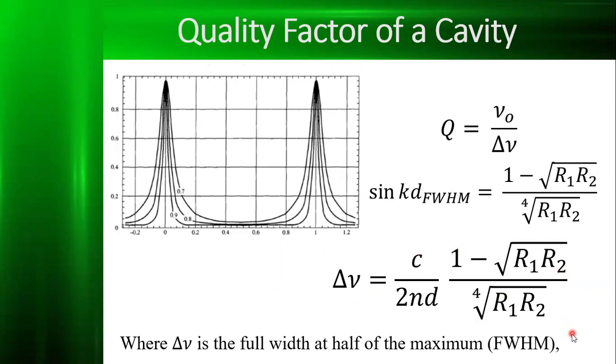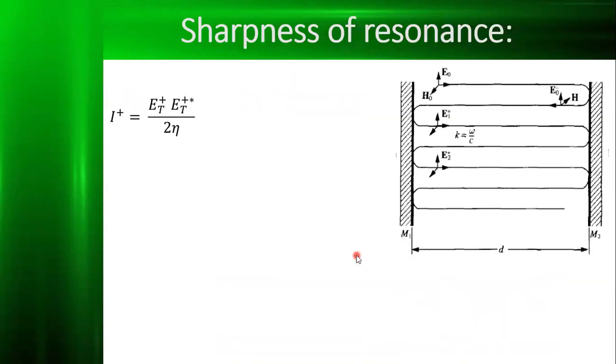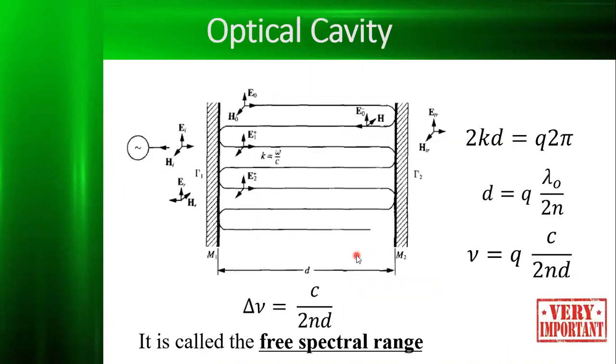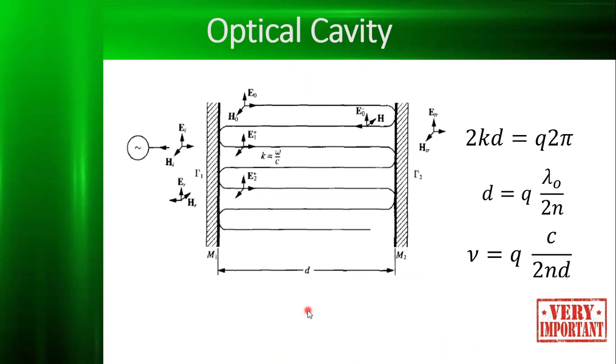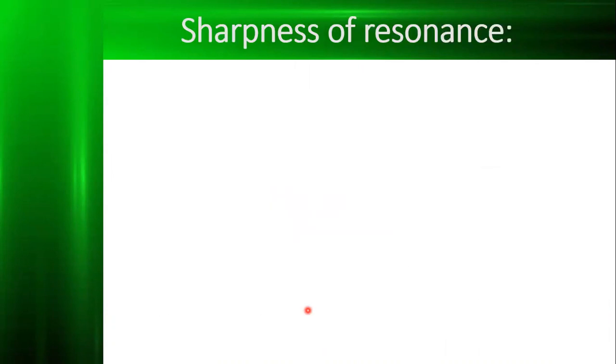There is also an important note, just to avoid confusion in this part, which is the term delta mu, because we already used this term delta mu in the beginning of the lecture while describing what's called the free spectral range, if you remember. The definition of the free spectral range, as I just illustrated, is the distance between two successive resonances.